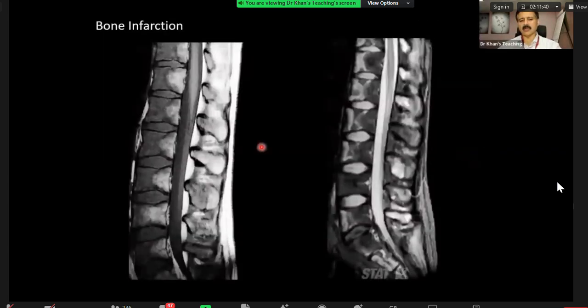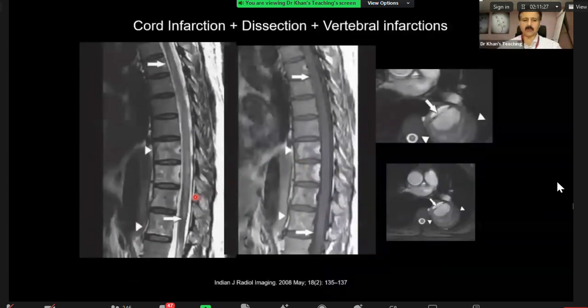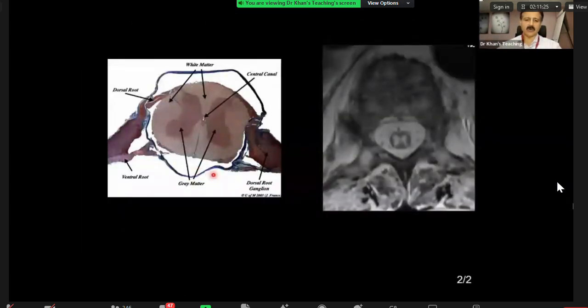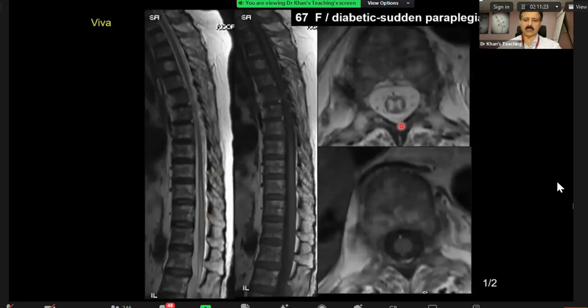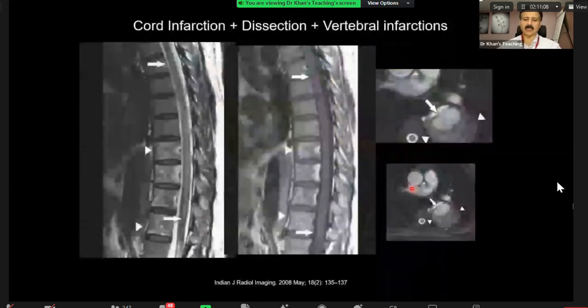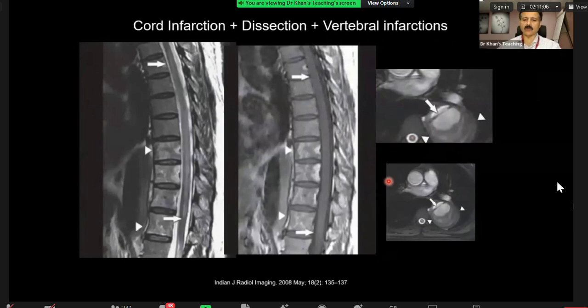And here is a case from StatDx where there are multiple infarctions of the vertebral bodies. You will get high signal in the cord on the sagittal sequence, but this H pattern, I'm not saying that all acute cord infarctions will be H-shaped, but if they are, it is very specific. Otherwise, the whole of it will be high signal. Look at this one. It looks more of a rounded shape.